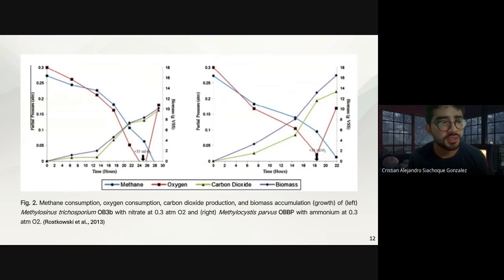The productivity is calculated and the difference in percentage is significant. So, 16 grams VSS, volatile suspended solids mass, in 22 hours compared to 88.5 hours. Next.